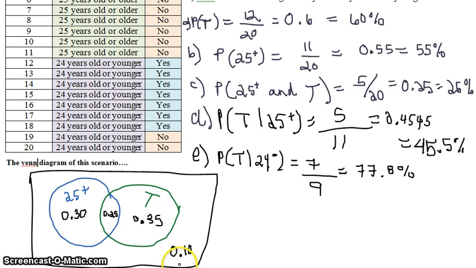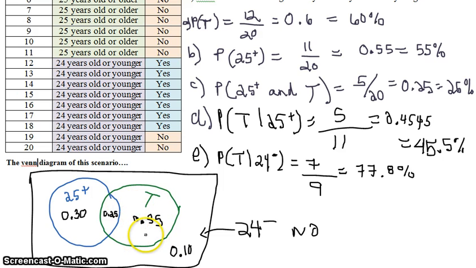So let's do one more thing. Let's talk about this Venn diagram for a second, essentially what each portion means. I just told you that this is the 24-year-olds, 24 and below, with no Twitter accounts. This area in here is those who are 24 years old or younger and have a Twitter account.